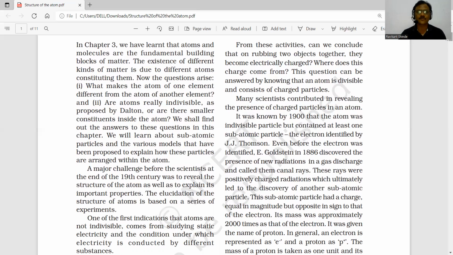But in this chapter, we have scope for indivisibility. Later, with the discovery of J.J. Thomson and Rutherford, we understood that the atom can be divided into different parts. So let's see the challenges which the scientists faced.